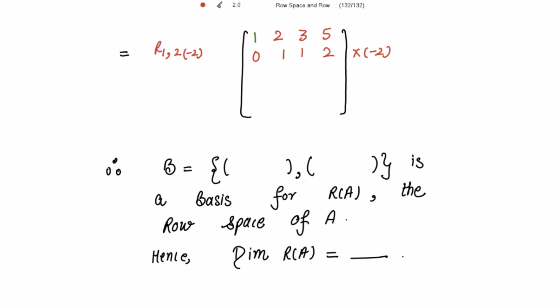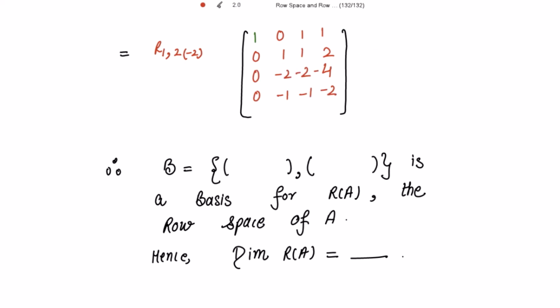No change. Multiplying 1 with minus 2, we get minus 2, and adding this to 2, we get 0. Multiplying 1 with minus 2, we get minus 2, and adding this to 3, we get 1. Multiplying 2 with minus 2, we get minus 4, and adding this to 5, we get 1. And here are the rest of the elements.